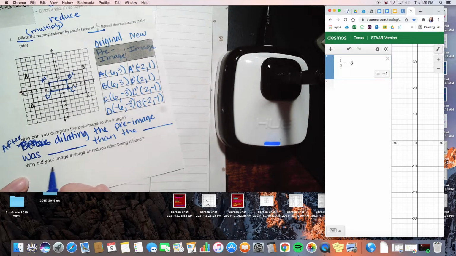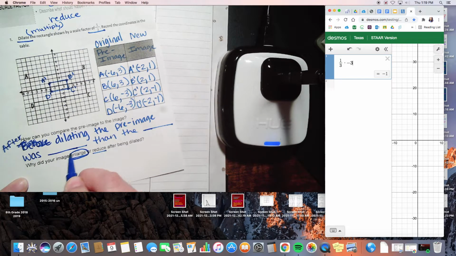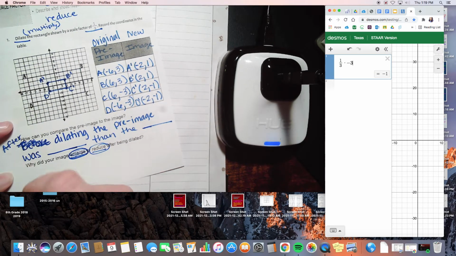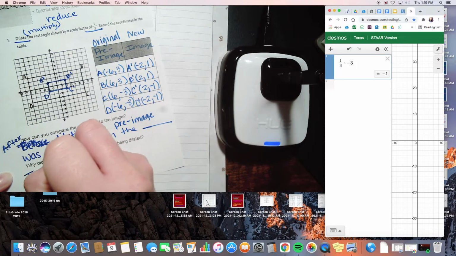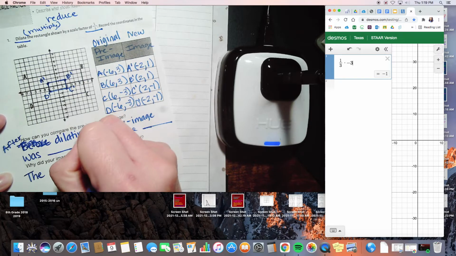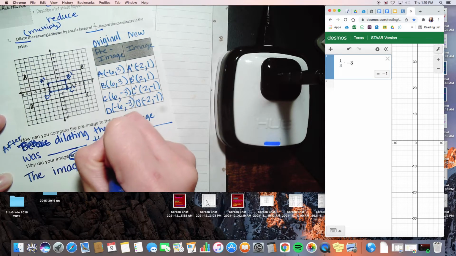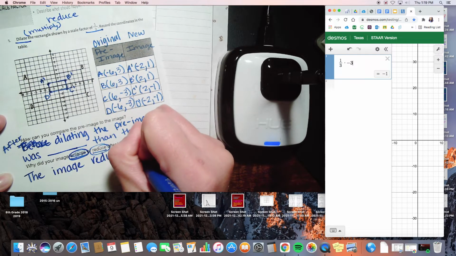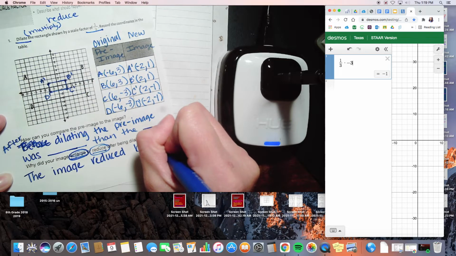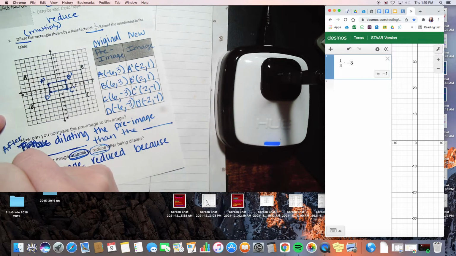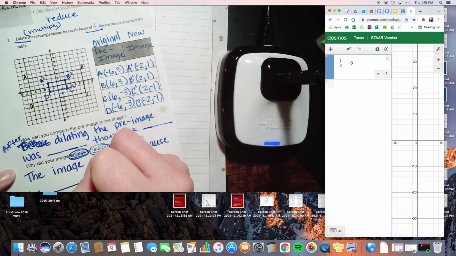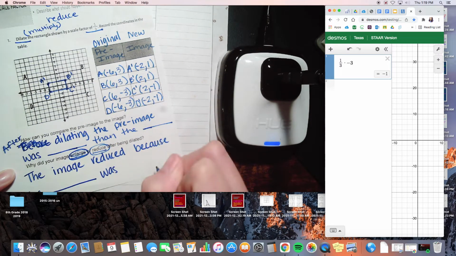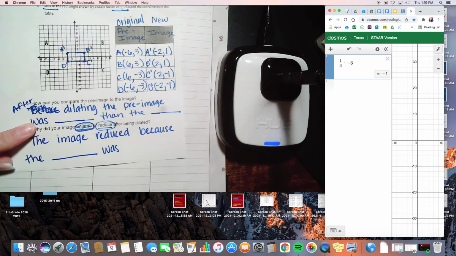And then why did your image enlarge or reduce? We know it reduced. So we're going to write, the image reduced because the blank, make sure you're using your academic vocabulary, was, and then blank, fill in the rest.